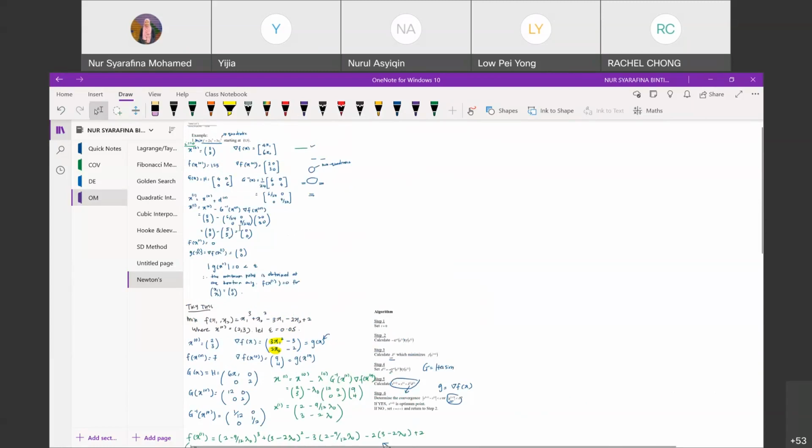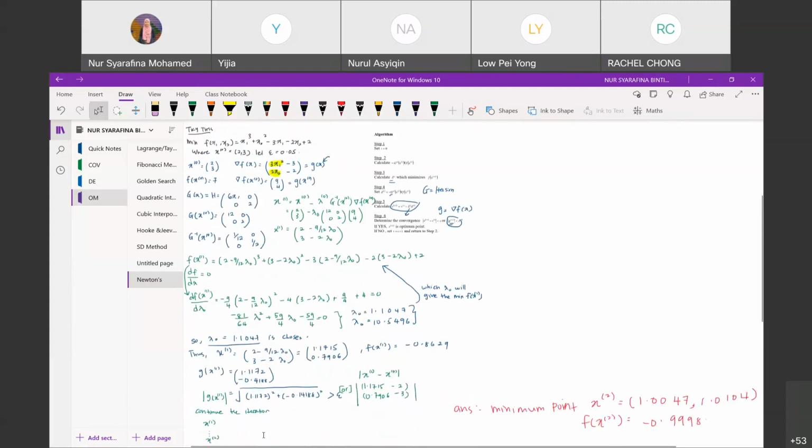This is for quadratic, this is for non-quadratic. So in your notes, there is another example of x1 to the power of 4 plus x2 to the power of 4. Use 2 steps of Newton method starting from 1, 1. Okay, can I just unshare the screen here? You still want to take a look?